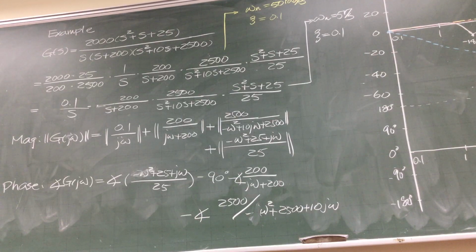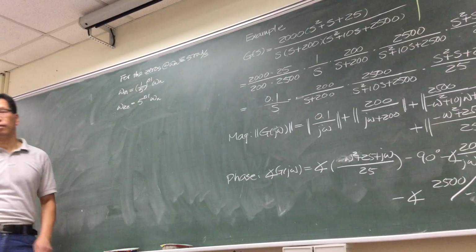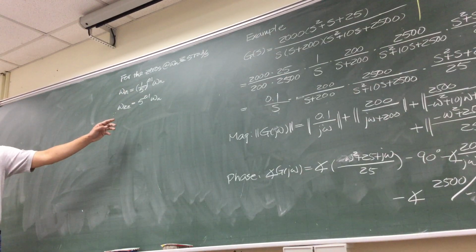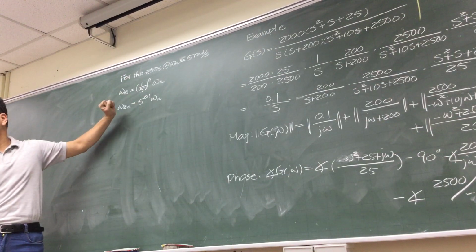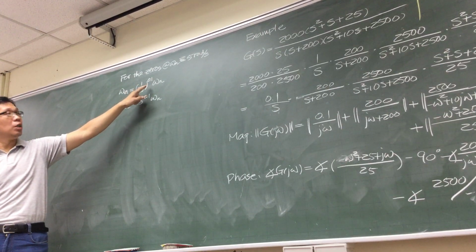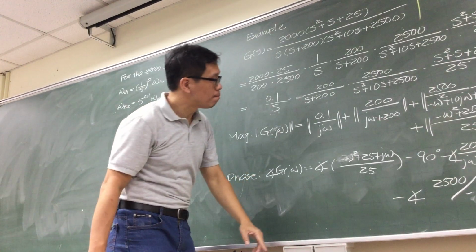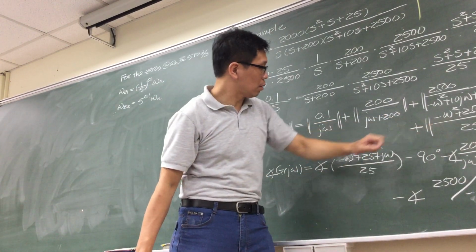Omega z1 is going to be, omega z2 is going to be... do you understand what I'm talking about? Those two are the formulas. 0.1 is because the damping ratio is 0.1. Omega n is 5, based on this one.